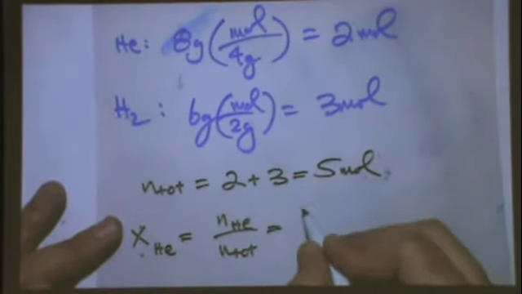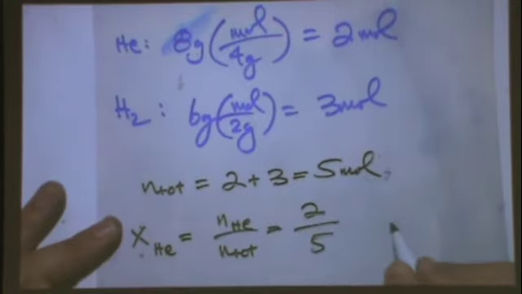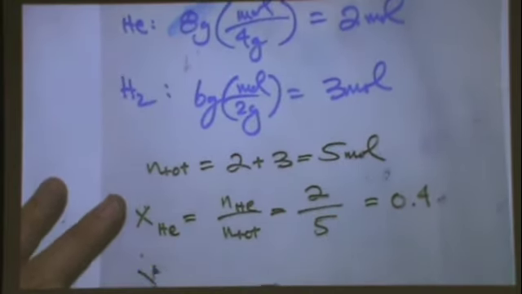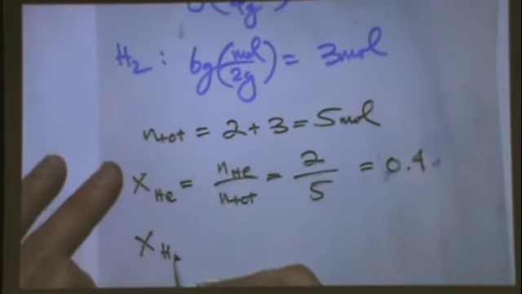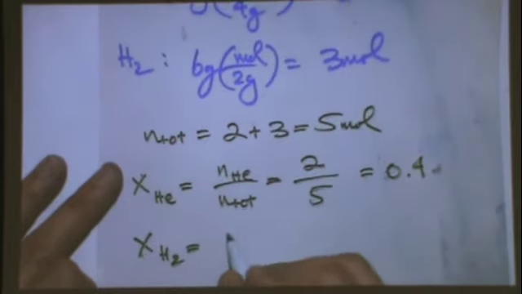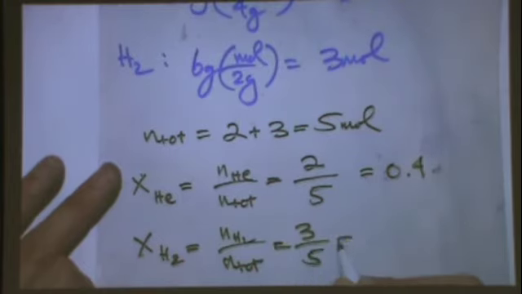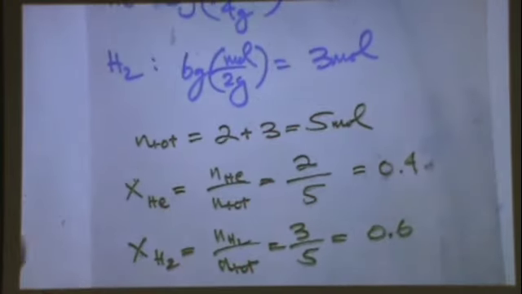That's 2 divided by 5, or 0.4, and mole fractions don't have any units. The mole fraction of hydrogen would be the moles of hydrogen divided by the total moles, similar to the previous, and that's 3 divided by 5, or 0.6. Is that okay so far?